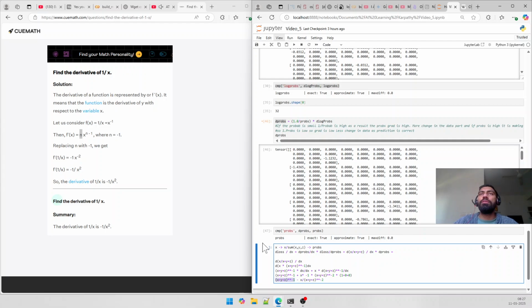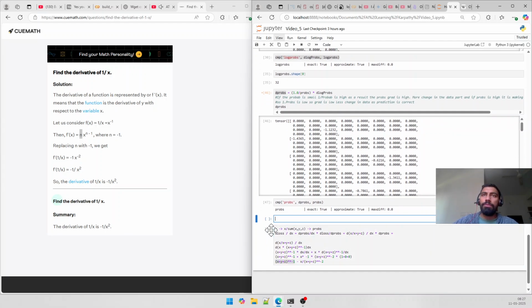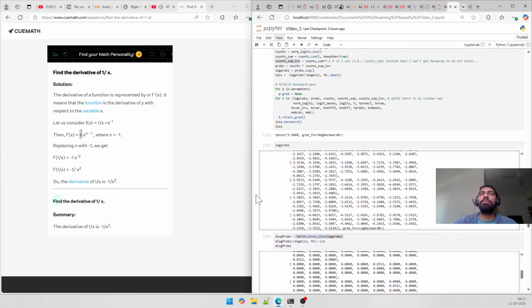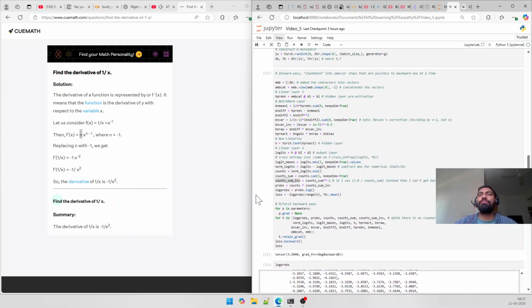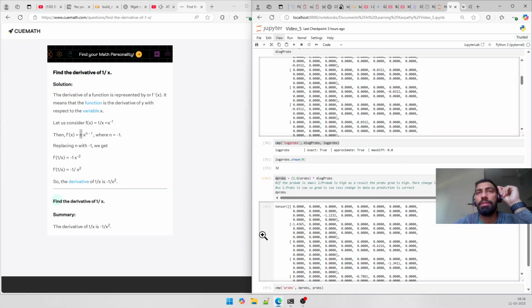So we have the sum, right? Counts are all the x. So it is something like this.